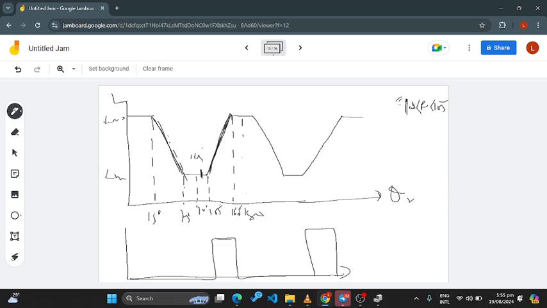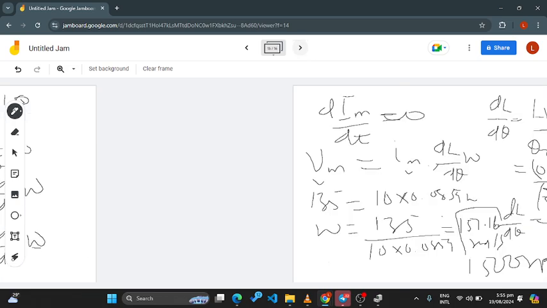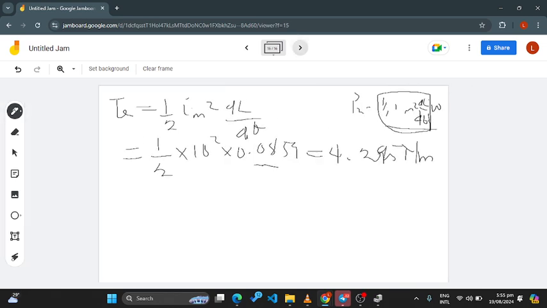So we are still going to use the Vm equation. Vm is still equal to L of theta dim dt plus Im dL d theta omega.